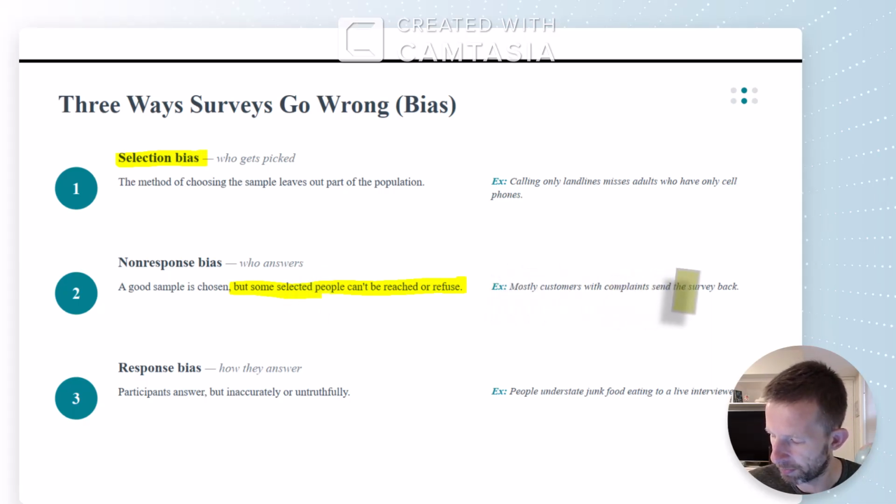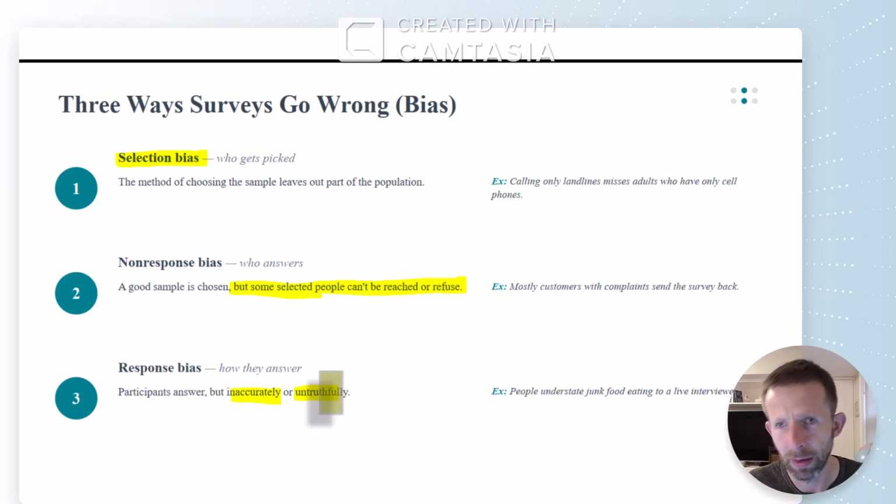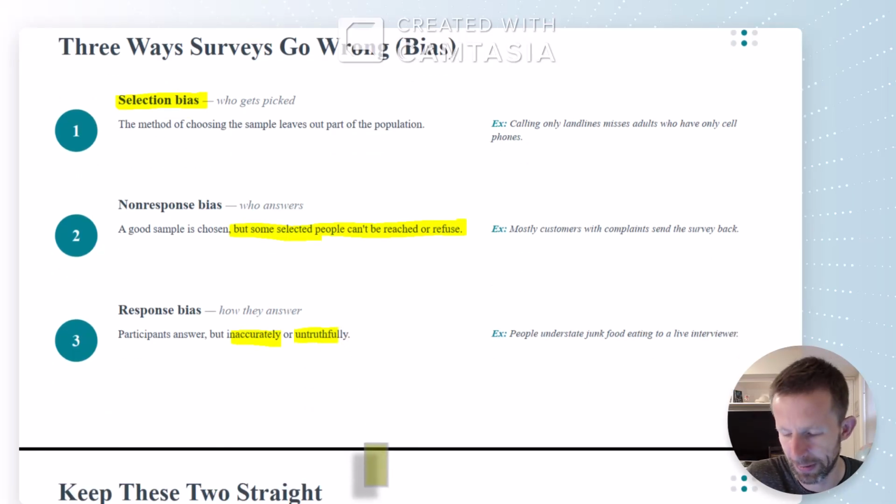Mostly customers who complain send the survey back, and then the survey is unrepresentative of the population. Response bias: people who respond inaccurately or untruthfully. For example, if people are asked point blank how much junk food they eat, they might not tell the truth, or they might misremember. Either way, it would be an inaccurate count.